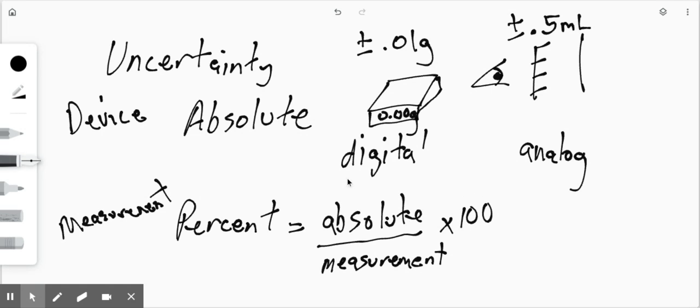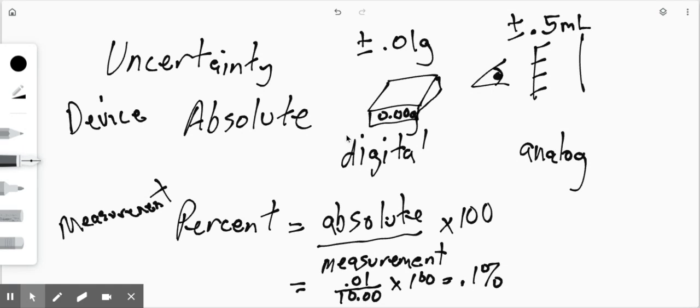So if we put something on the scale and it measures 10.00 grams, what is the percent uncertainty? Let's work that out. So the absolute uncertainty is 0.01 divided by 10.00 times 100, and we get 0.1%.